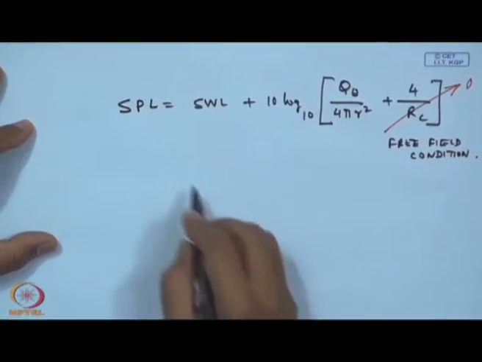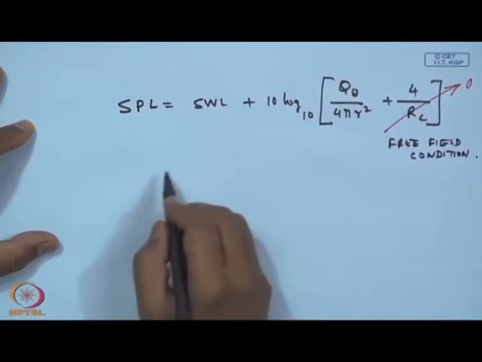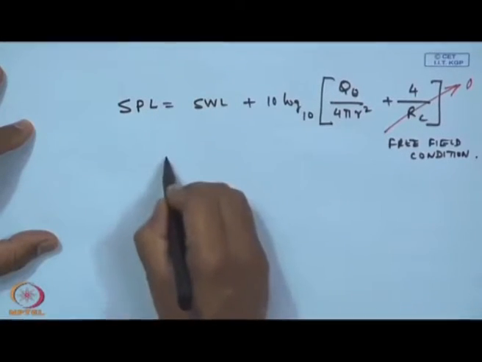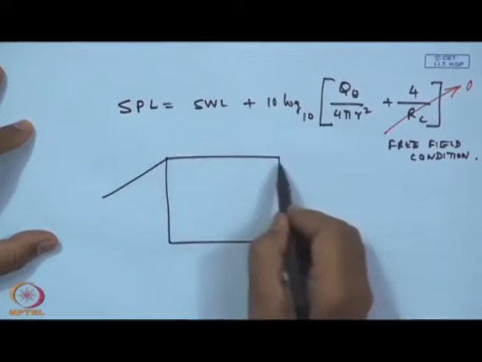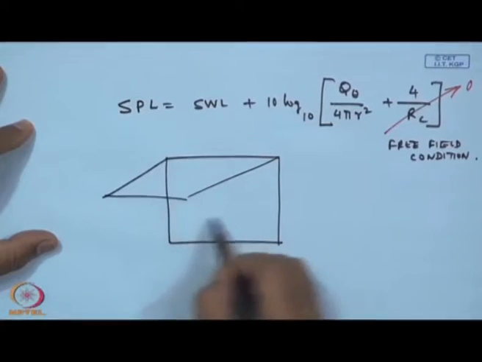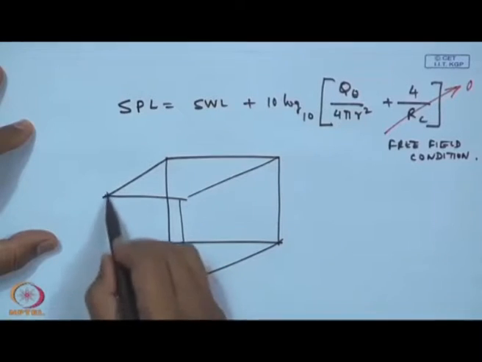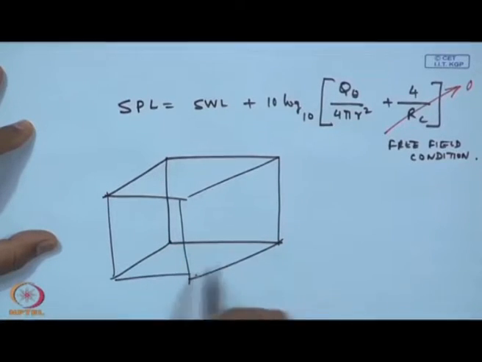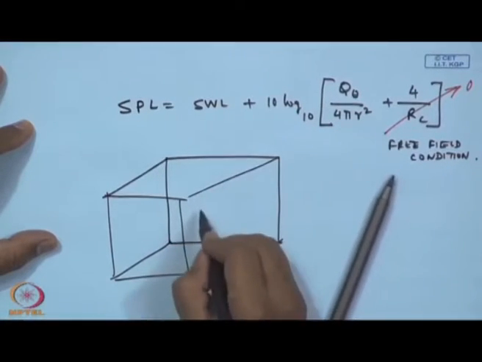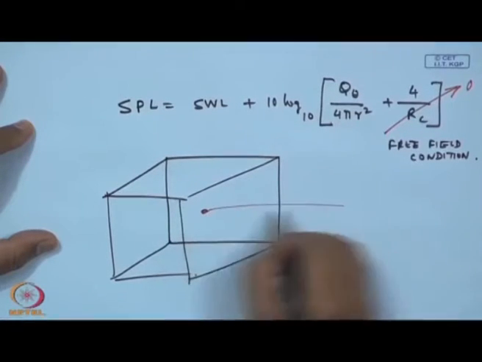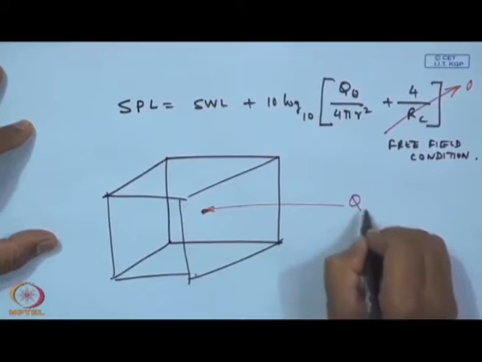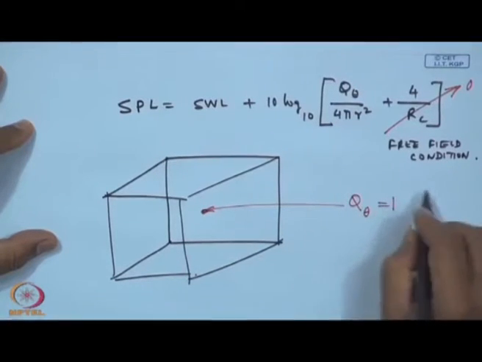Okay. And if the source is in the center of the room, q theta is equal to 1.